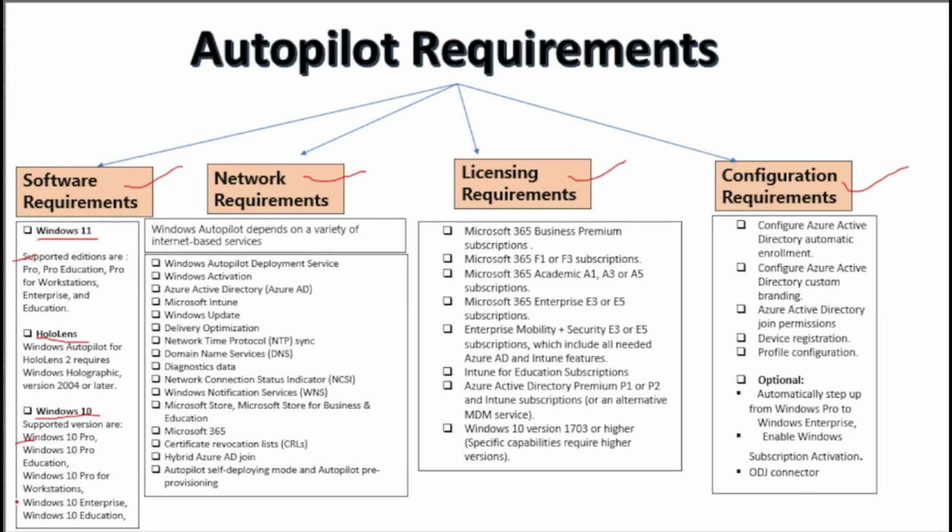and Windows 10 Education. So with respect to network requirements, Windows Autopilot depends on a variety of internet-based services, and access to these services must be provided for Autopilot to function properly. Ensure DNS name services, name resolution for internet DNS, is working, and allow access to all the hosts via port 80, 443 and 123.